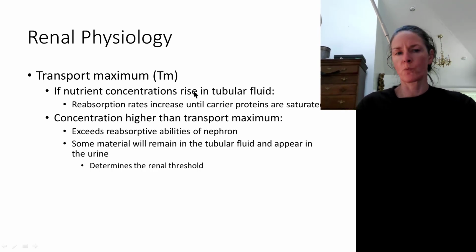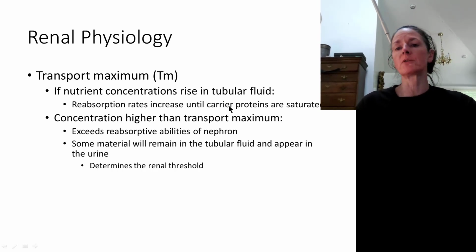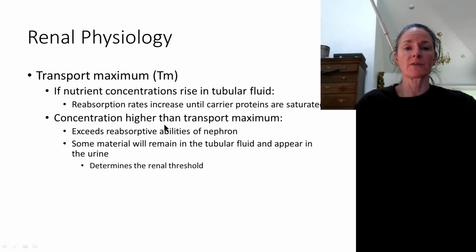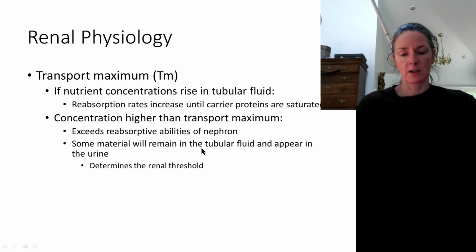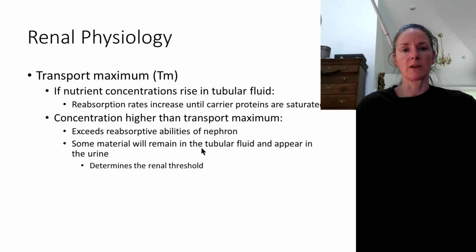If the nutrient concentrations rise in the tubular fluid, the reabsorption rate will increase until the carrier proteins are saturated. If concentrations are higher than the maximum transport, some will be left within the tubular fluid and will appear in urine. This is why tests for glucose in urine can be an indicator of diabetes.